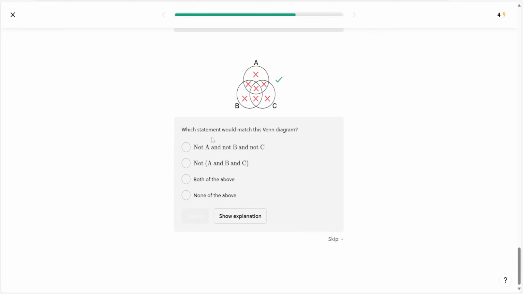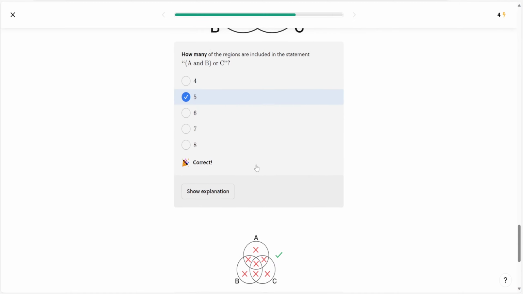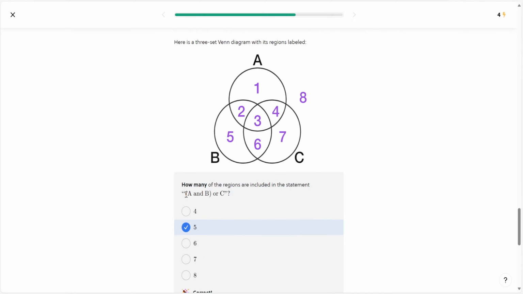Right, which statement would match this Venn diagram? Not A and not B and not C, or not A, B and C. Right, I think this goes back to this one. We've just established that the brackets mean joint, not individual.